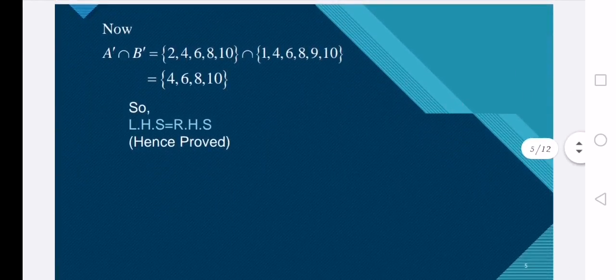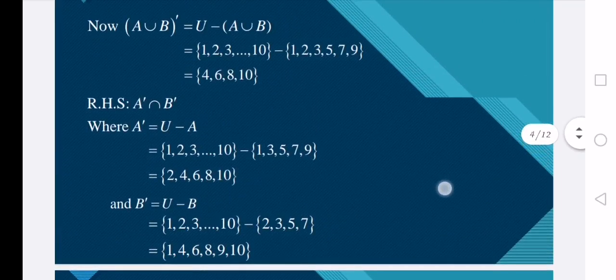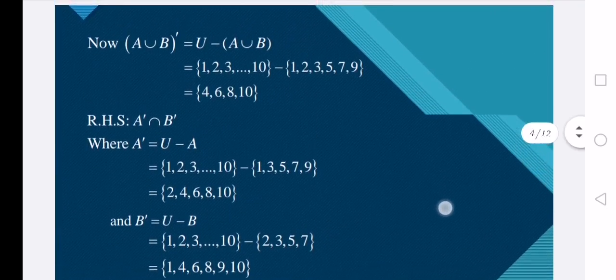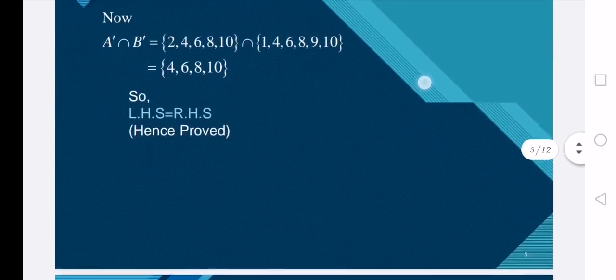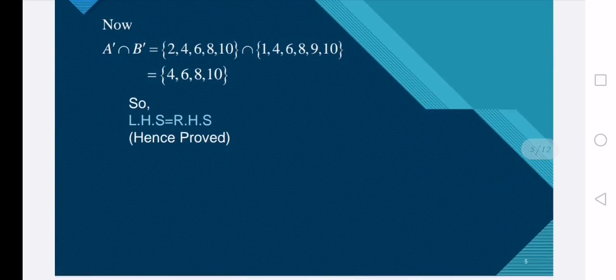Now we are going to find the intersection of the two complements which we just found. The complement of A is 2, 4, 6, 8 and 10 and that of B is 1, 4, 6, 8, 9 and 10. Their intersection is equal to 4, 6, 8 and 10.